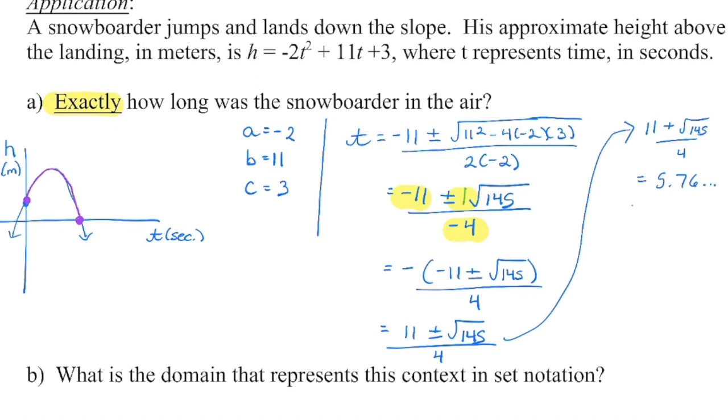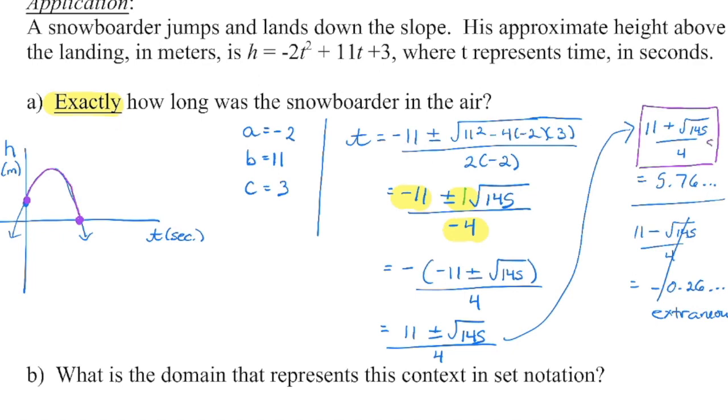If you put the second root in, 11 minus the square root of 145 divided by 4, that's going to give us a negative 0.26. So this is our extraneous root, which means that this is our exact solution in seconds.